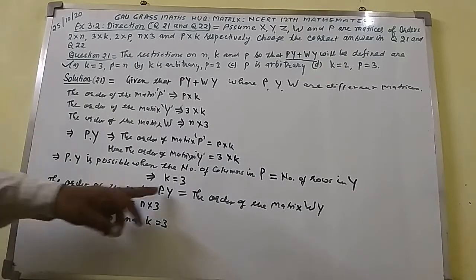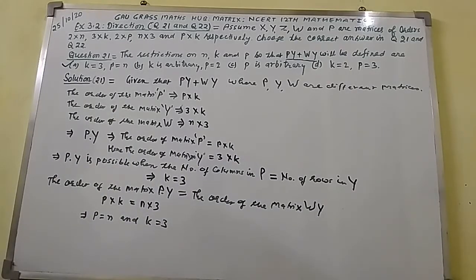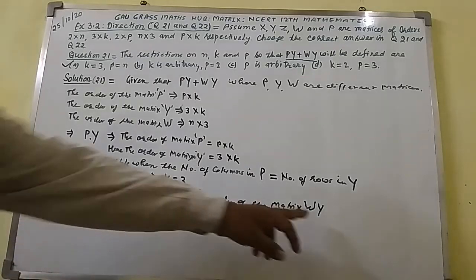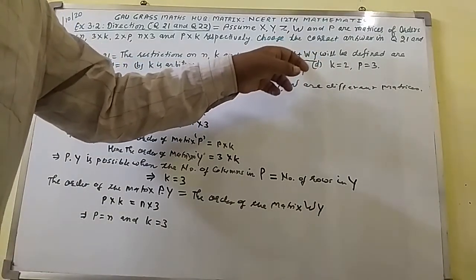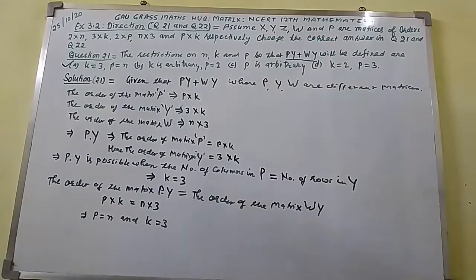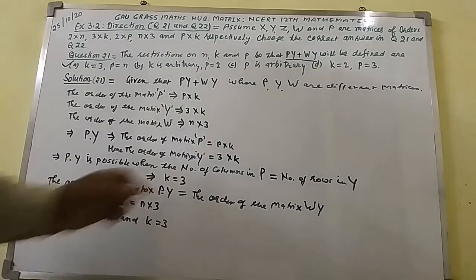So the order of the matrix Py equal to the order of the matrix Wi, then addition of two matrices Py and Wi will be possible. The order will be correct. Now you have to find the order of the matrix Py.